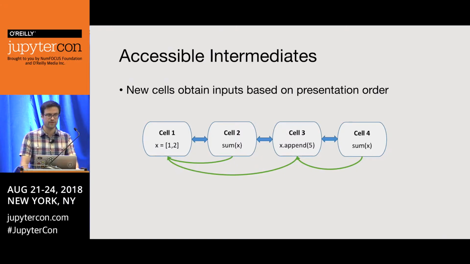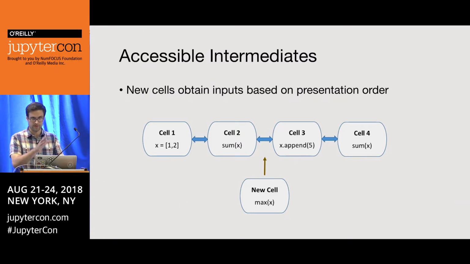OK, and then the last property that I mentioned here is accessible intermediates. I think this is a handy thing for exploratory data analysis and inspecting intermediate results. So if I want to add a new cell and look at what something looks like somewhere in this chain other than the end, I can insert that cell in this linear order.